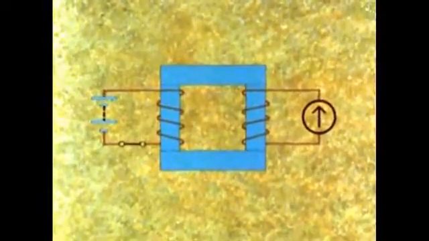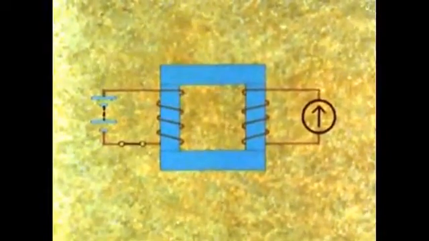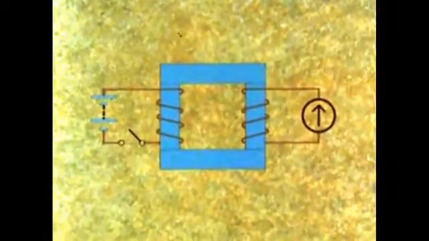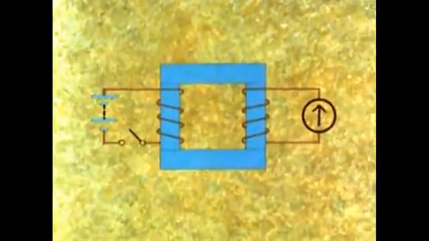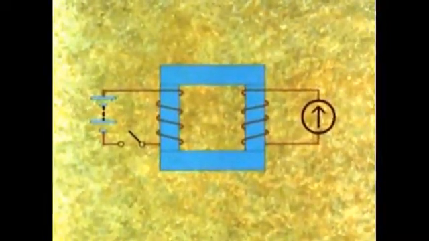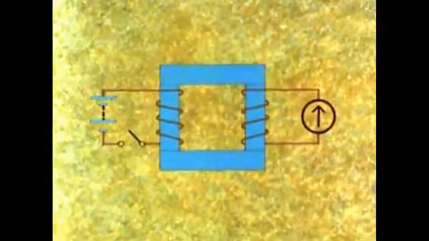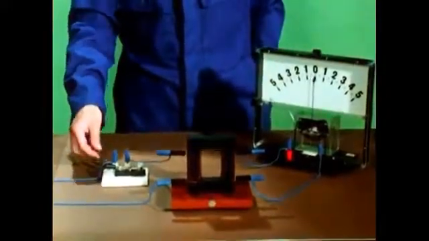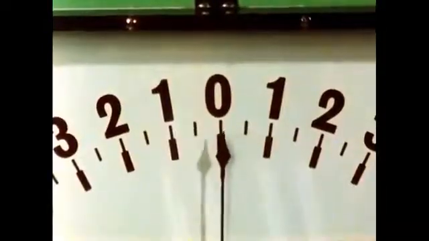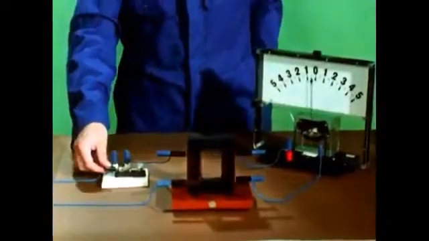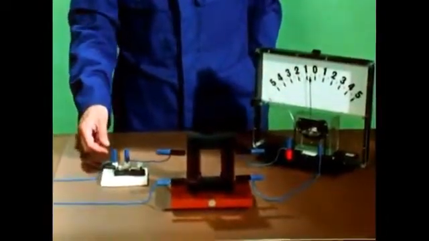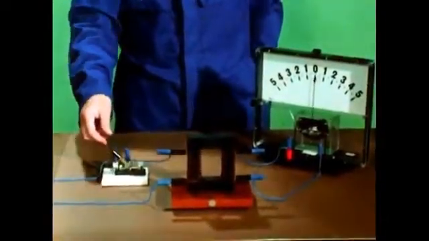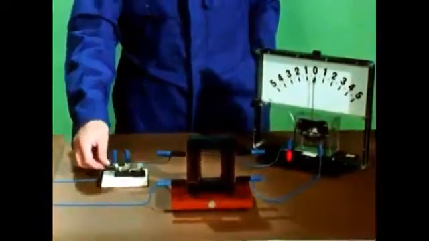We now know that if the current changes in the first coil, as at switch-off, say, there would be a self-induced EMF in the coil opposing the change. But what do you think would happen in the other coil, if anything? Well, watch. A kick of current shows on the instrument. Every time the current changes in the first coil, there is an induced EMF in the second one.